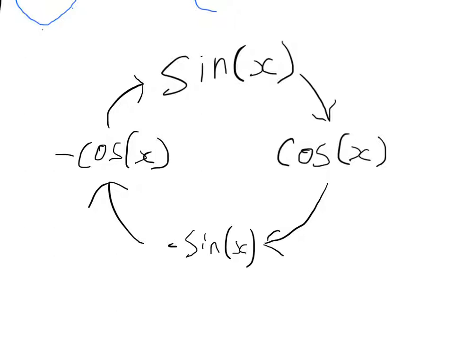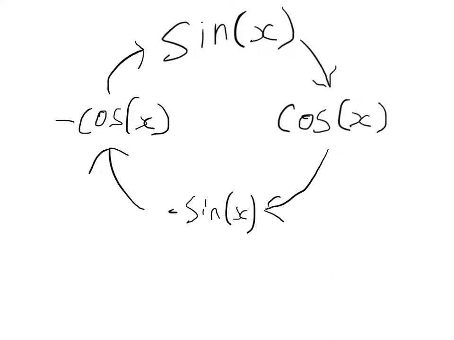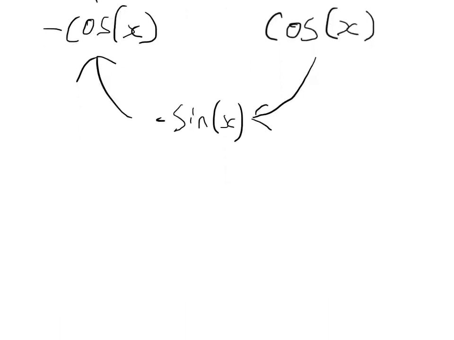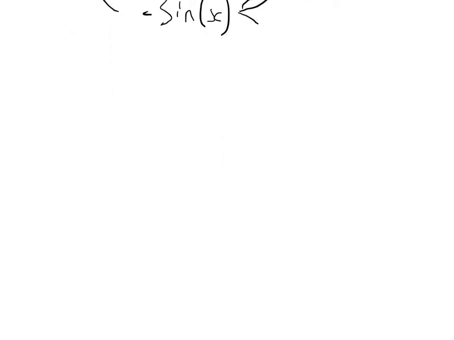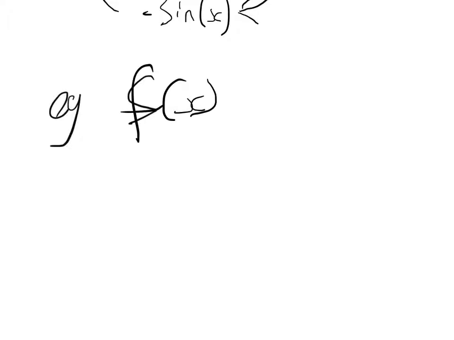For example, all of these will end up using the chain rule, because pretty much everything in calculus uses the chain rule at some point. So we have f of x equals 3 sine 2x.